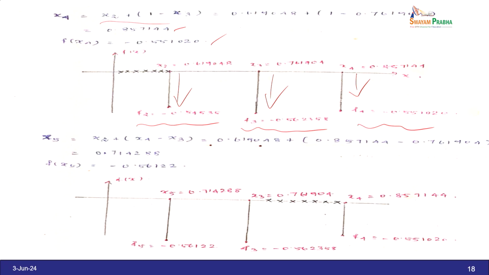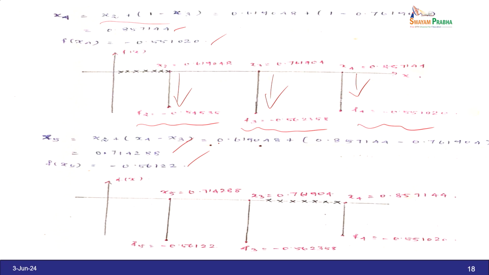Therefore, x5 equal to 0.619048 plus x4, 0.8571, minus x3, which is 0.76190, so that 0.714288 will come.